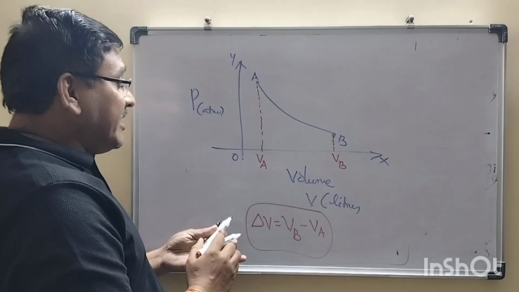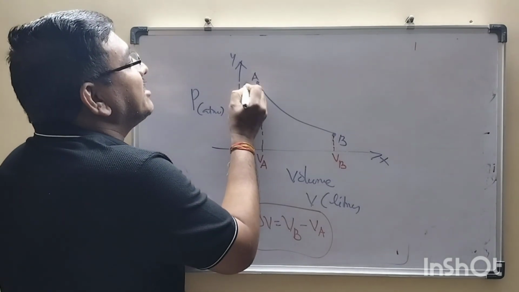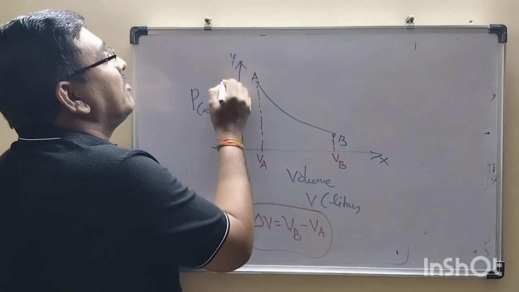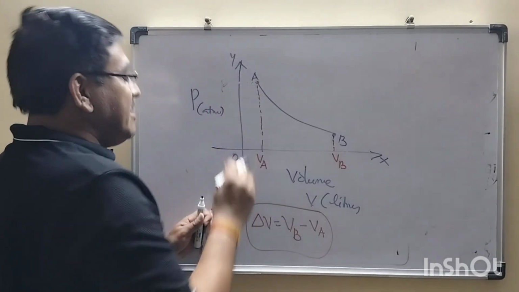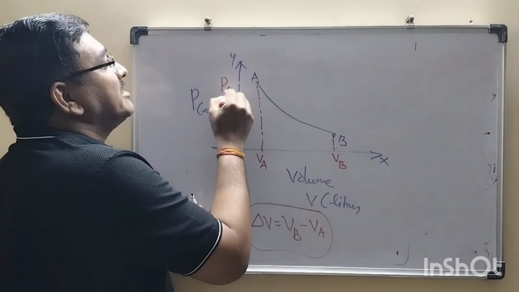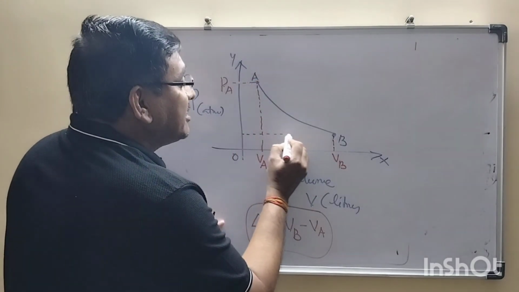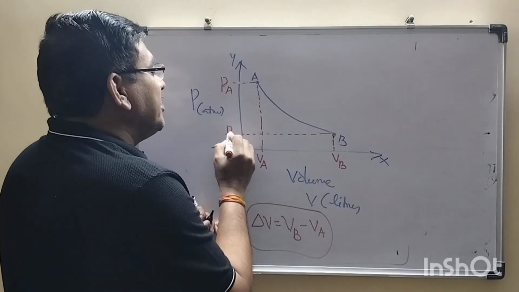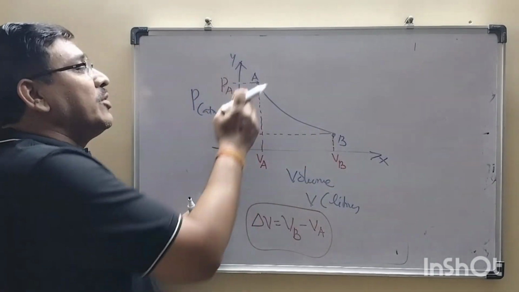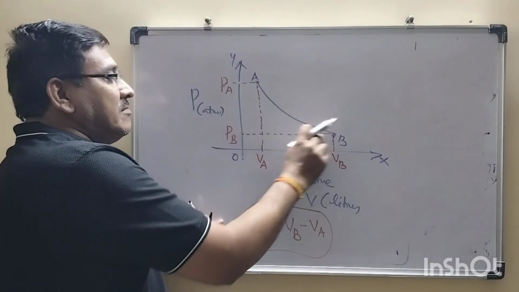Similarly, if I take up the pressure case, corresponding to the initial point is the pressure PA, and the final pressure corresponding to B is PB. So, initial pressure, final pressure.